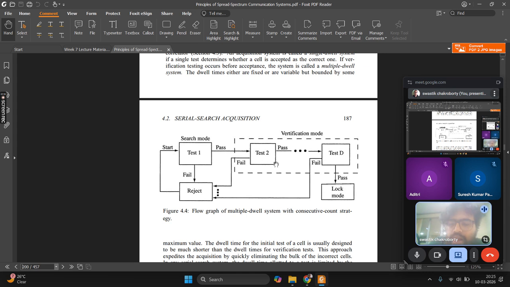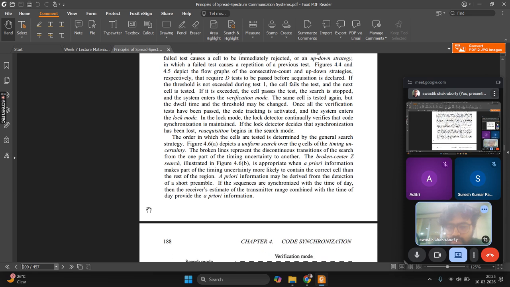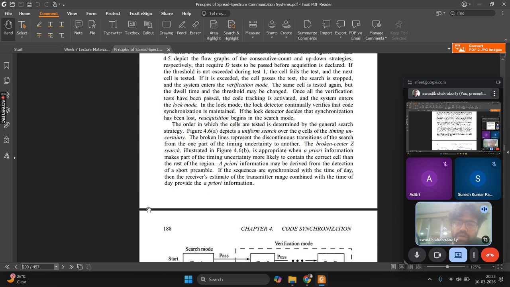If at any point in any of the dwells the test fails, it will reject. The order in which cells are tested is determined by the general search strategy.